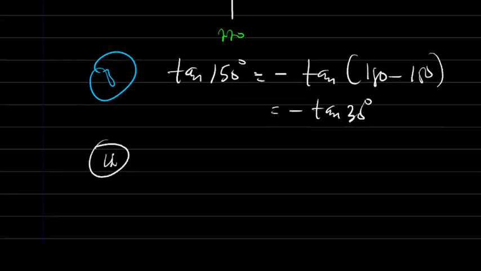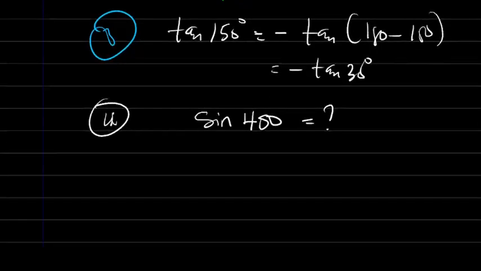Let's say we are given sine 400, to write sine 400 in the lowest form. How are we going to deal with this? This is very simple. I want to explain one concept. Don't forget, in mathematics, if you say 2 plus 0, you have 2. It doesn't change anything.